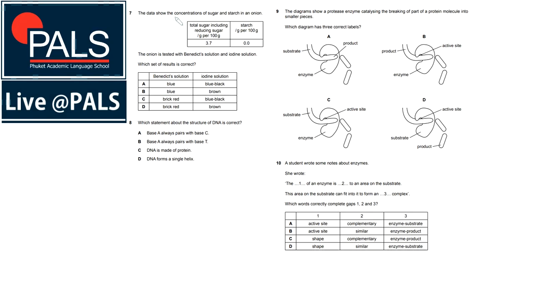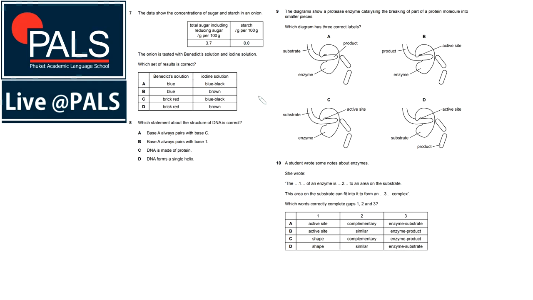Number 7. The data show the concentrations of sugar and starch in an onion: no starch and some sugar. The onion is tested with Benedict's solution and iodine solution. Which set of results is correct?